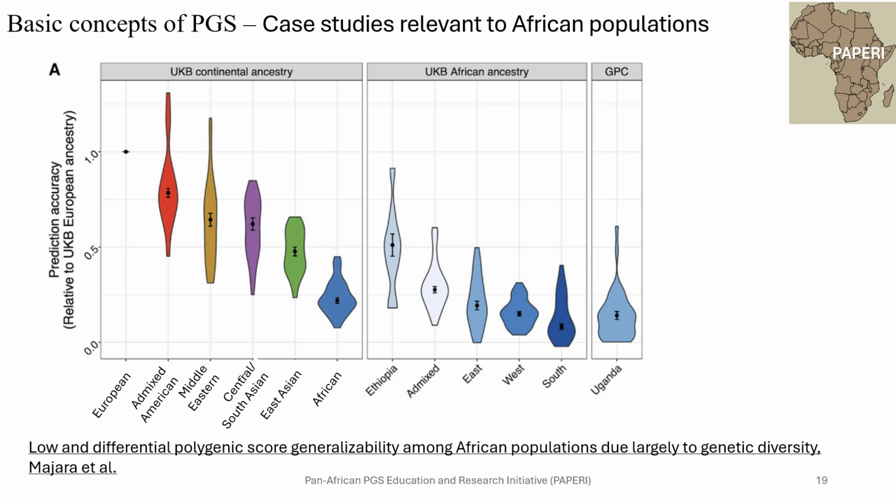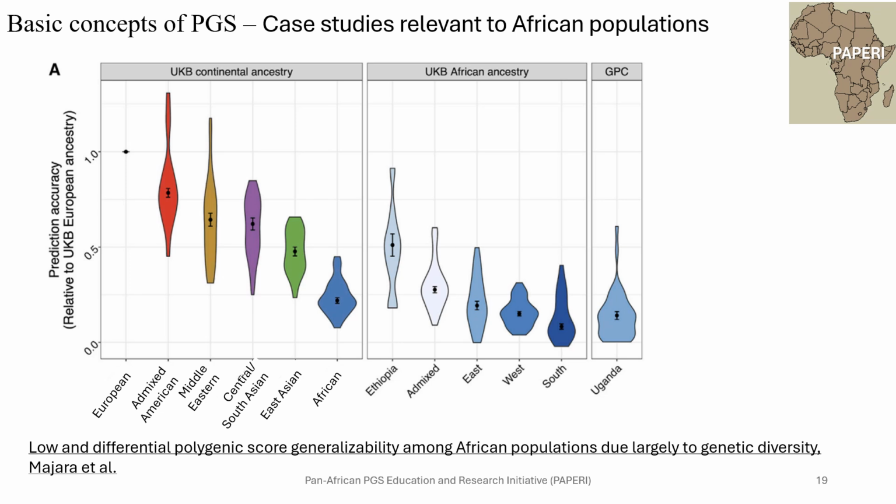Here they have UK, based on UK Biobank data, and here we have UK Biobank African ancestry, and you can see that even within African ancestry there's considerable variation. This is the case with the continent of Africa too: Africa is not a genetically homogeneous continent, and we can see that reflected in these results.